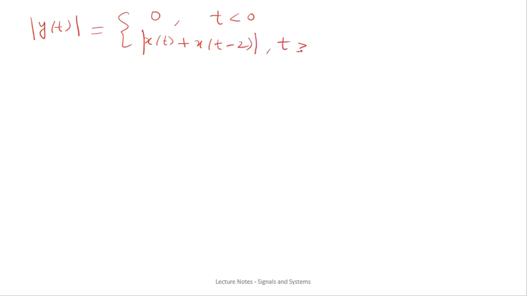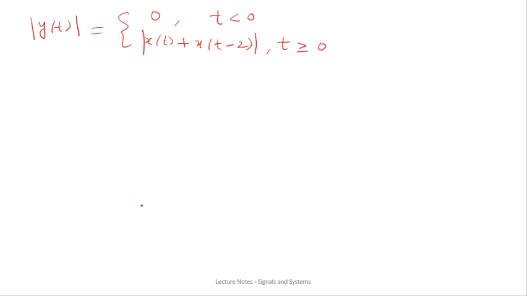Now the magnitude of the output, so for t less than 0 it is 0, and for t greater than 0 it is xt plus xt minus 2. This is what is given in the problem.